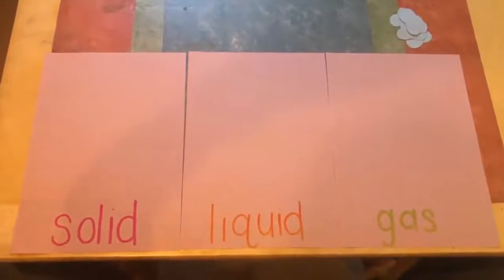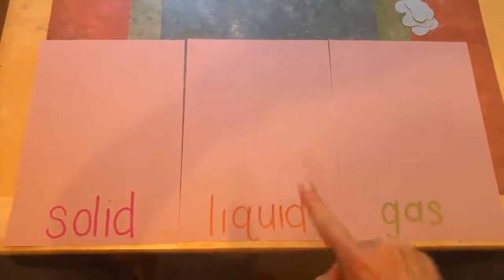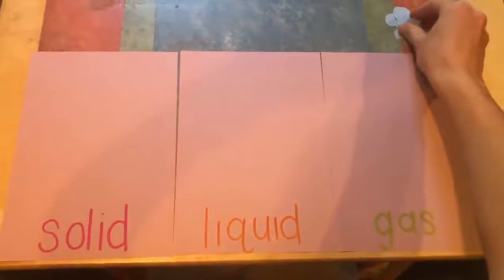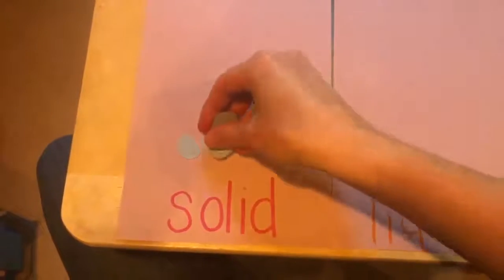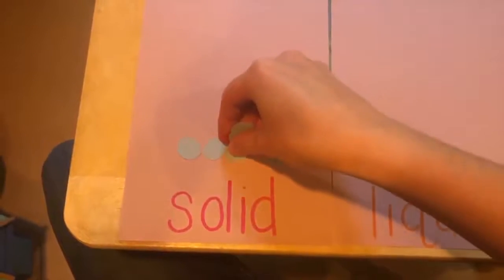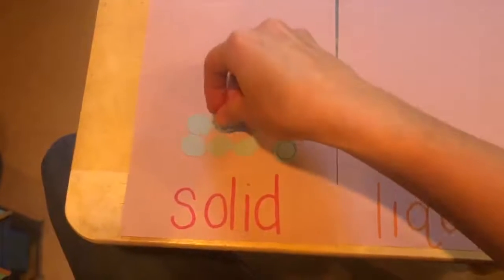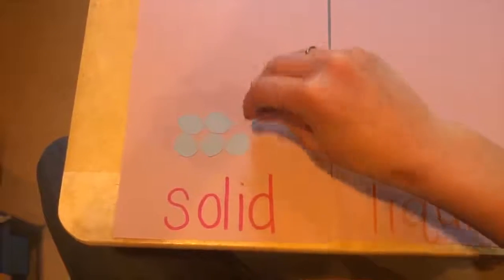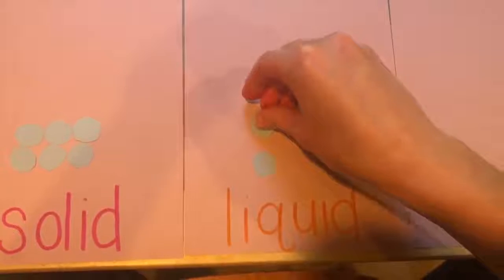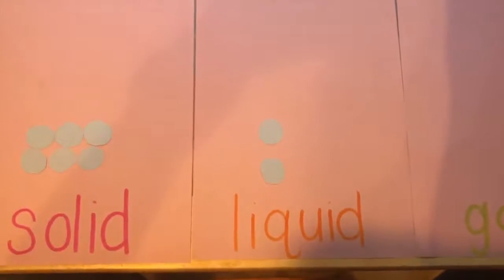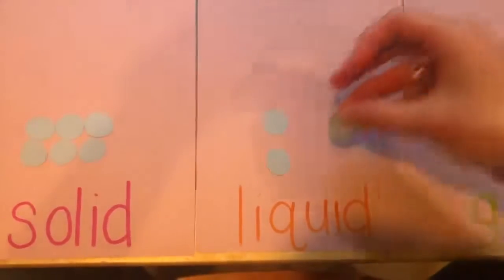Here are my states of matter: solid, liquid, and gas. And right here are my molecules. In a solid, the molecules are really close together. They are really strong and they're hard to break. In a liquid, the molecules are spread out a little bit, which makes them easier to move, like when you're pouring a glass of water.